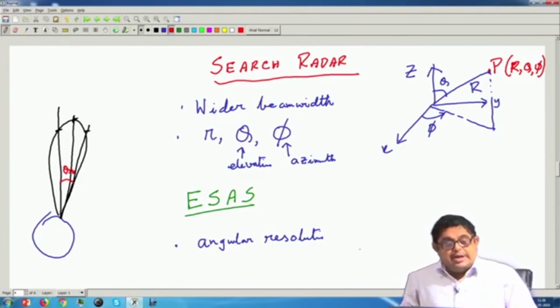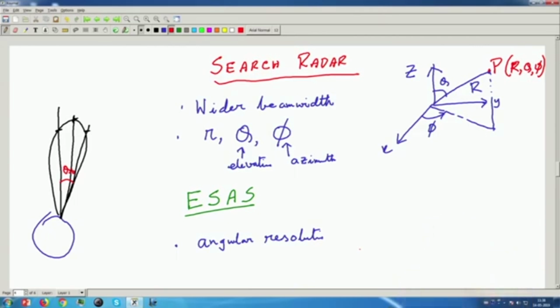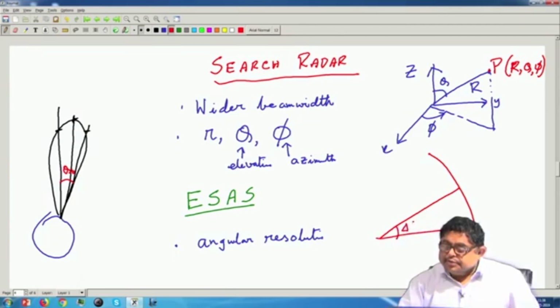For a circular path, if I have an angle error of delta theta, the actual linear error will be r into delta theta.